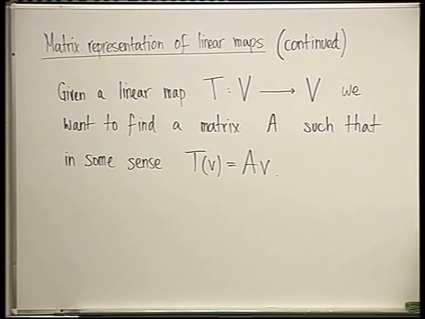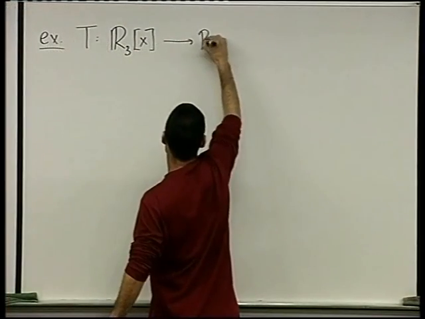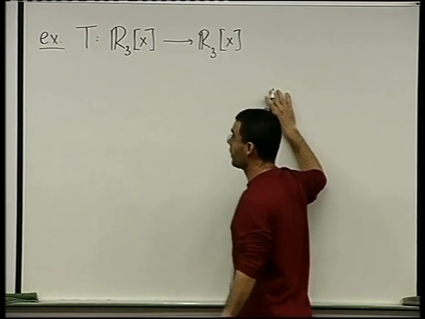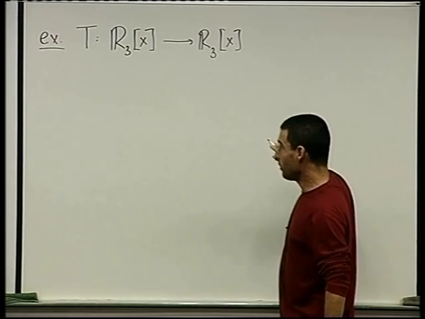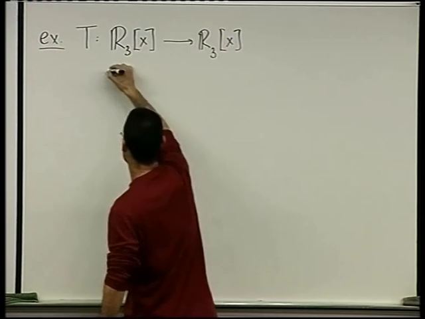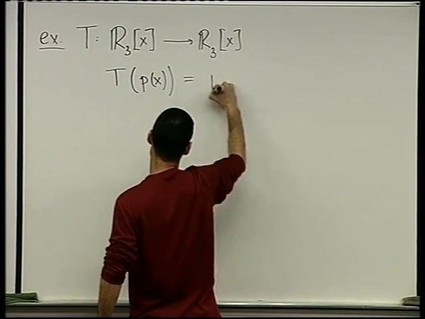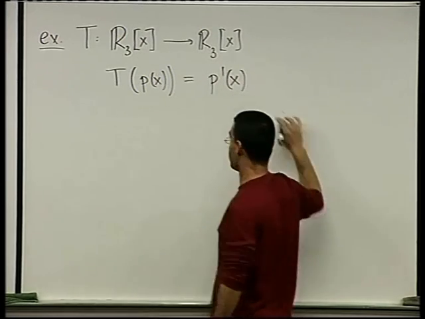We're going to take the map from polynomials of degree less than or equal to 3 over R to polynomials of degree less than or equal to 3 over R. Okay? And we're going to take the linear operator that does T of p(x) equals p prime of x.